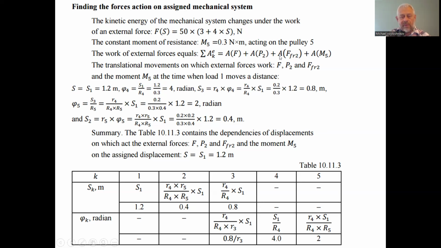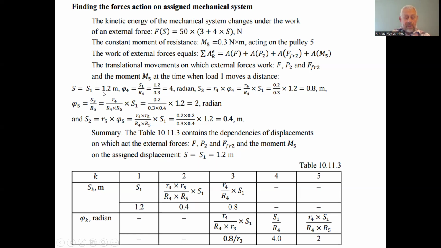So this load when it moves experiences friction too, and the work of the resistance moment applied to the fifth pulley. The translational moments on which the external forces F, P2 is the weight of the second load, F the external force assigned, the force of the friction, the moment, and the time when load 1 moves a distance. So it is assigned to find the velocity of the second load when the first load moves a definite distance.